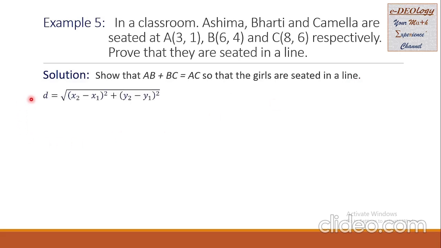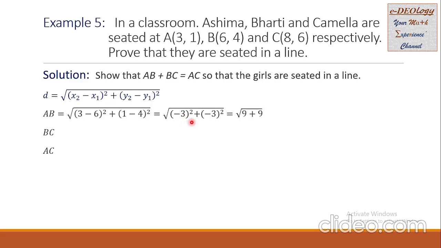We write the distance formula. We start with the length AB. So we have the square root of 3 minus 6, that is squared, plus 1 minus 4, that is squared. 3 minus 6 is negative 3. We will square, plus 1 minus 4 is negative 3. Then we will square.